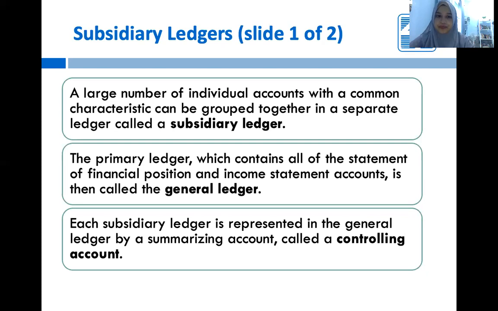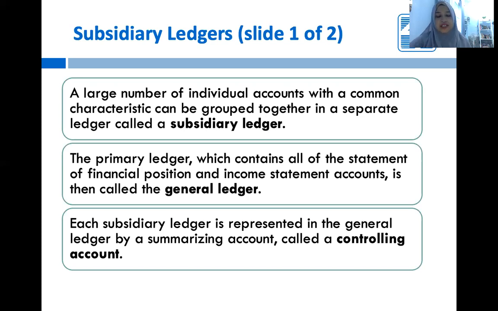For a large number of individual accounts with common characteristics, like debtors as well as creditors, we need a separate ledger, which we call a subsidiary ledger, or in Indonesian, buku besar pembantu.